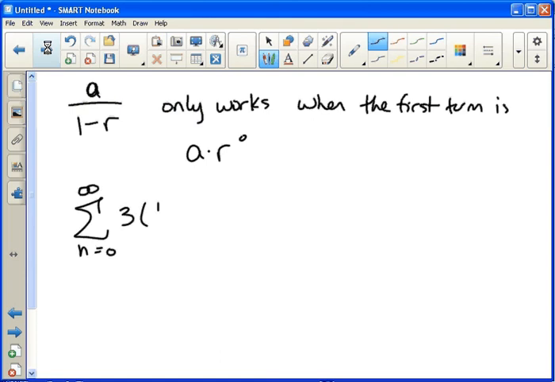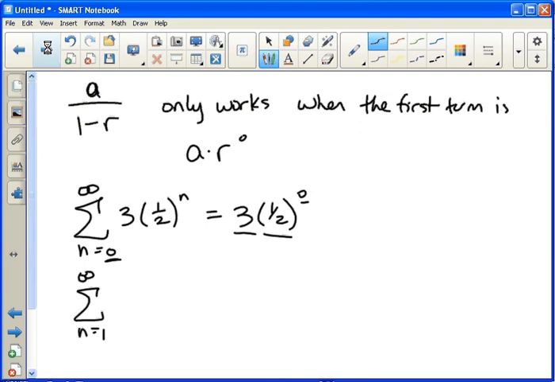My first term I plug in is 0, so that does work just fine. I have a times r to the 0, no problem. But sometimes they'll disguise that, and they might actually have something like this, where it starts at n equals 1, but they'll rewrite the exponent as n minus 1. So that may look like it's not going to work out, but if you plug 1 in right here, 1 minus 1 is 0. So that's still okay. You still get a times r to the 0.